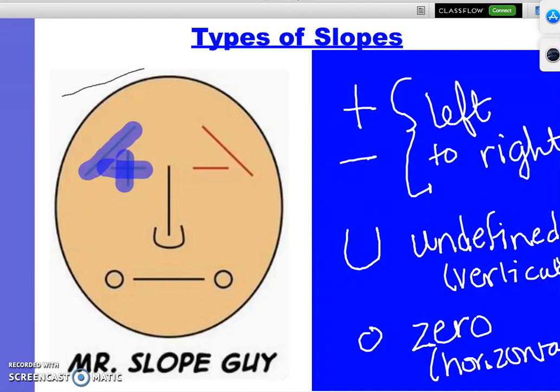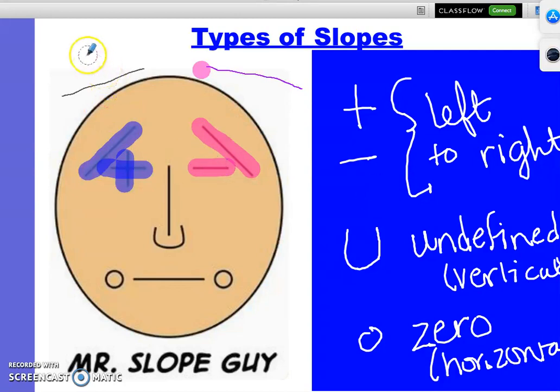Now, if it goes down and to the right, even if it's not this steep, maybe just slightly down this way, as long as it's a straight line, it's going to be a negative slope.